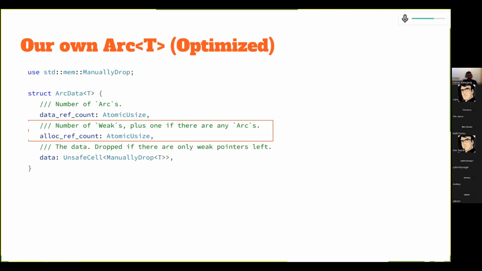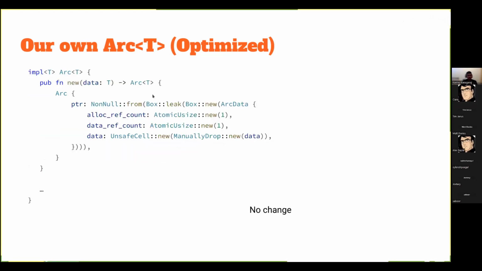We do that 1 during initialization, whenever we create an actual Arc::new, and after that we don't touch it during a clone. That's the idea. So new doesn't have any change here. As you can see, this is where we allocate the alloc ref count as 1, and that's the only time the Arc is going to touch that counter.